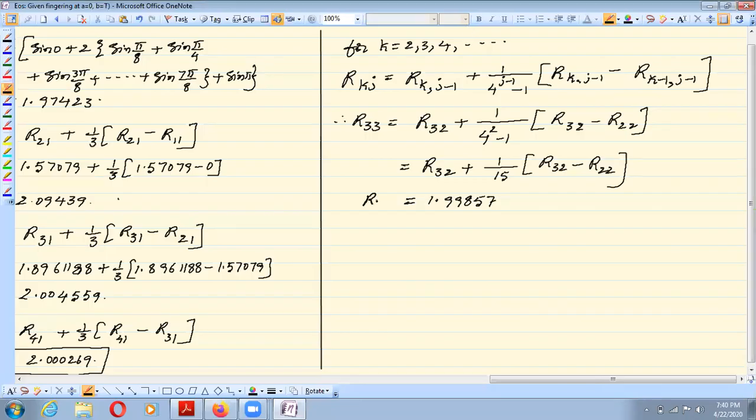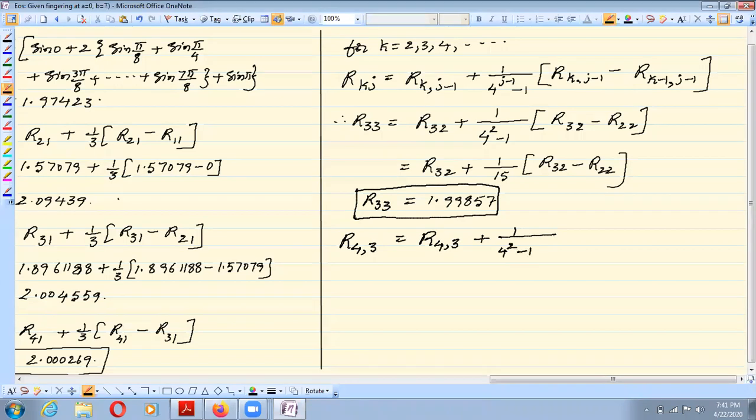If you simplify this one, you will get this answer R33. Hence we can find R43. R43 is equal to R42 plus 1 by 4 power 3 minus 1, 4 square minus 1, into R42 minus R32.